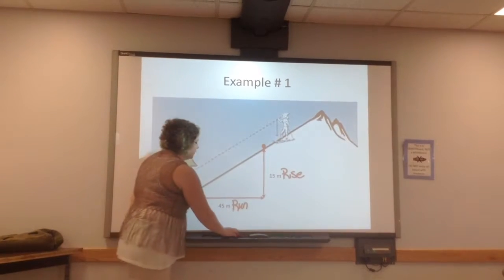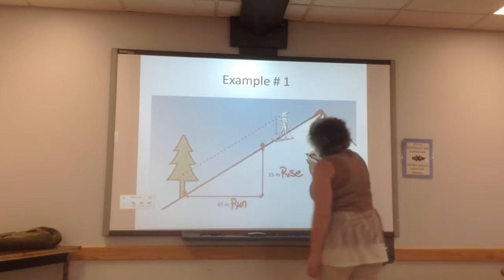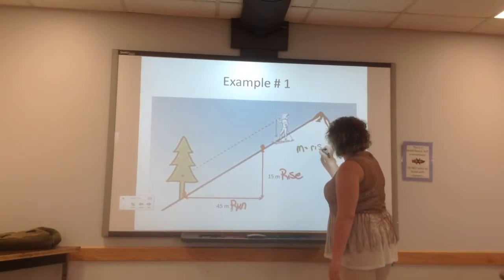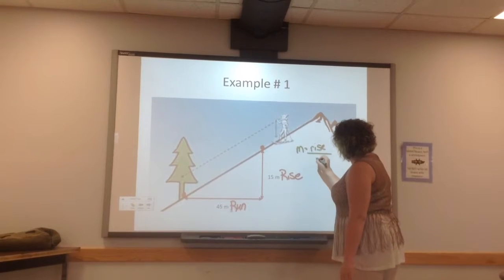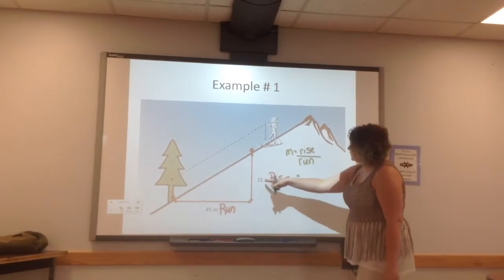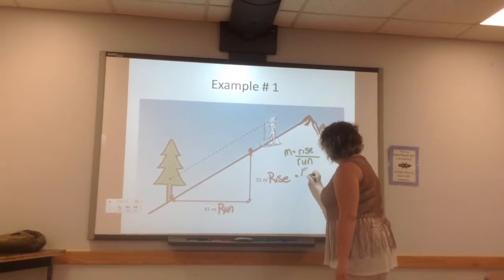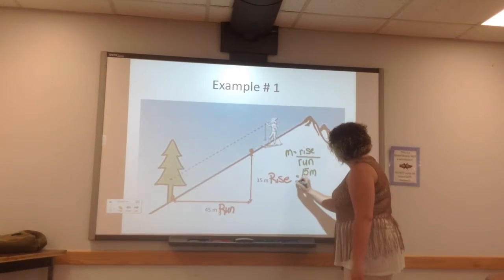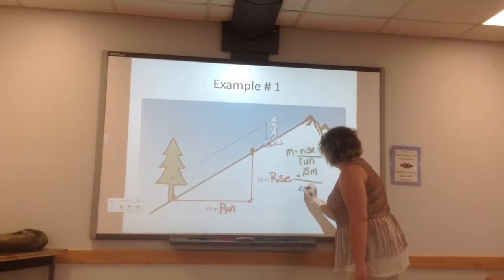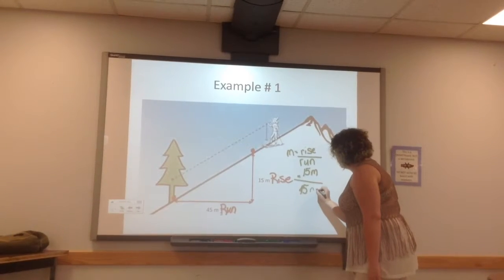So let's write our formula. Okay, so we have m equals rise over run. So our rise was 15 meters. And we ran over 45 meters.